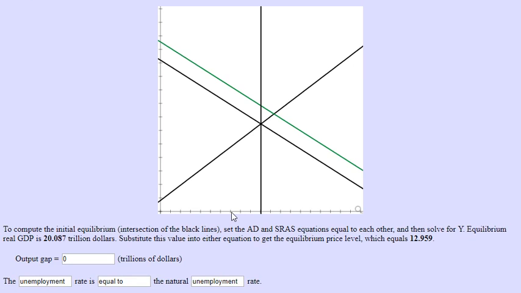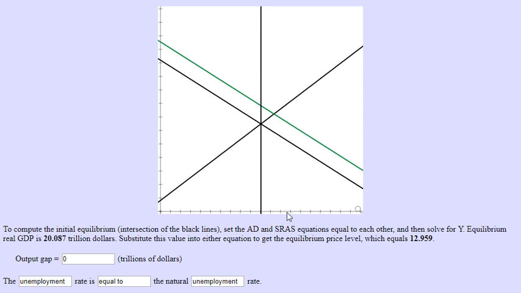Output is not at full output because of underutilization of all that physical capital. Because we're not fully utilizing our physical capital as a macroeconomy, the unemployment rate is high because people are unemployed.